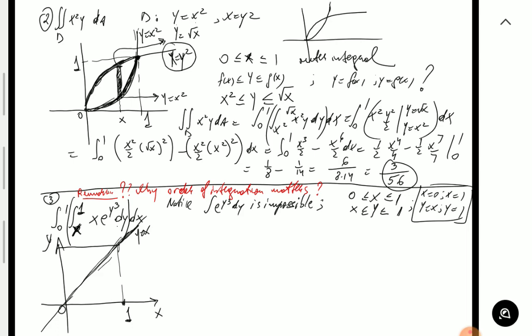As a type 1 domain, we have x between the constant bounds and a typical slice that represents the innermost integral goes from x to 1, right? So y equals x, y equals 1 are the innermost bounds. So in other words, this is the actual domain over here.